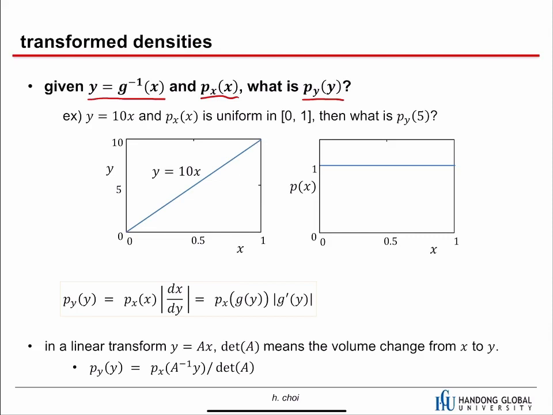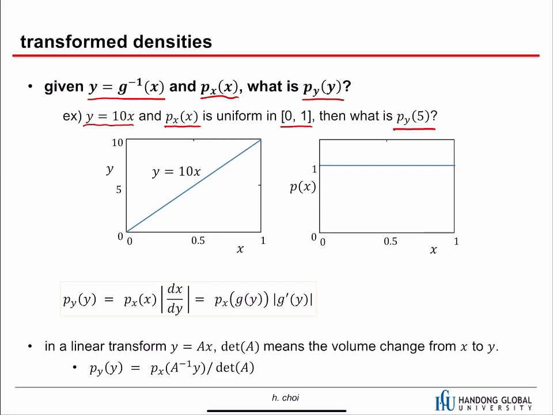To understand the meaning of this question, let's check this simple example. If y is 10 times x, which is a really simple transformation, and p of x is uniform in this range, then what is p sub y of 5?